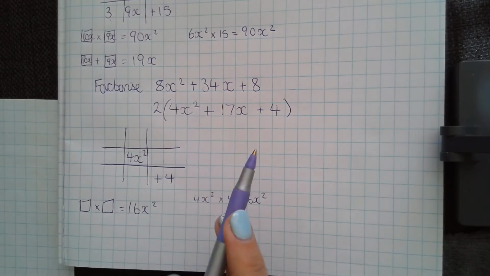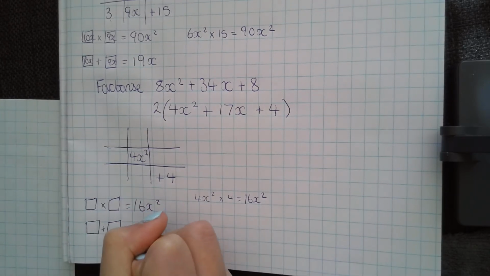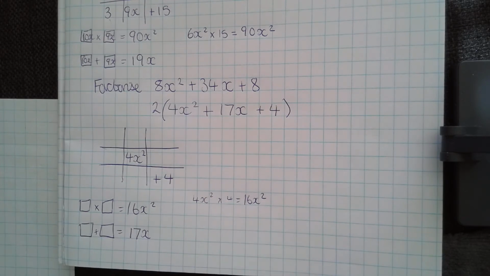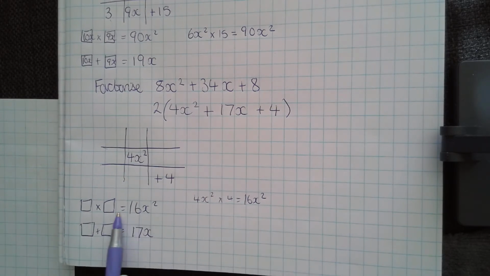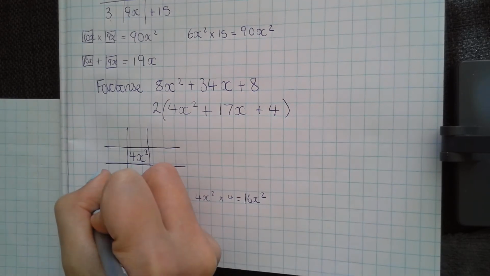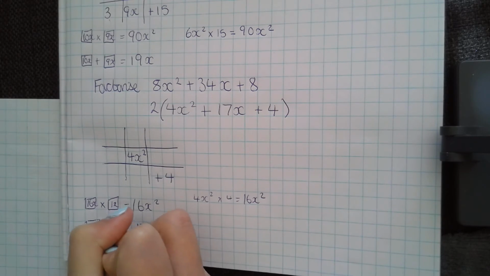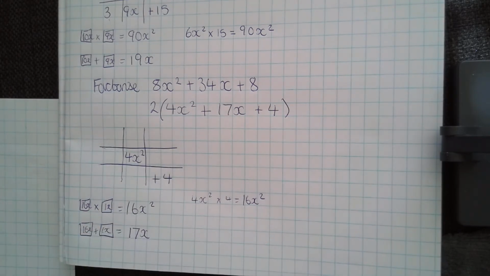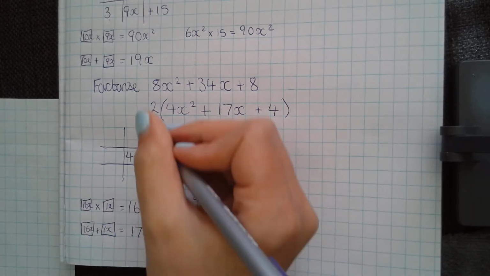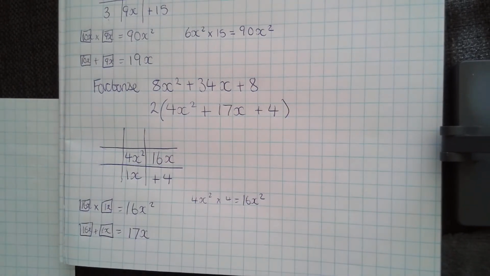We need two numbers that add to make 17x. So 16 times 1 is 16, and 16 add 1 is 17. So we've got 16x and 1x. It doesn't matter which way round we put them. So I'm going to put 16x and 1x.